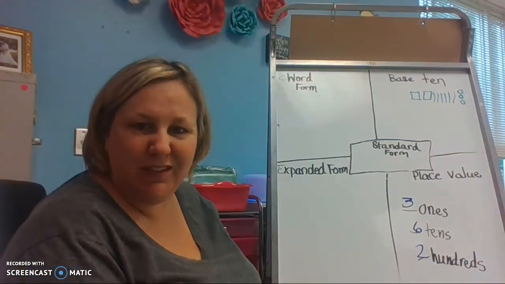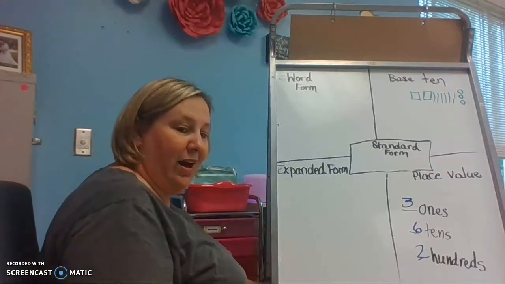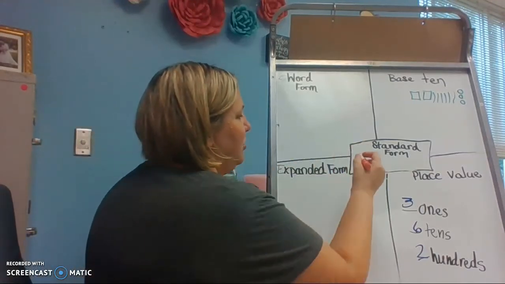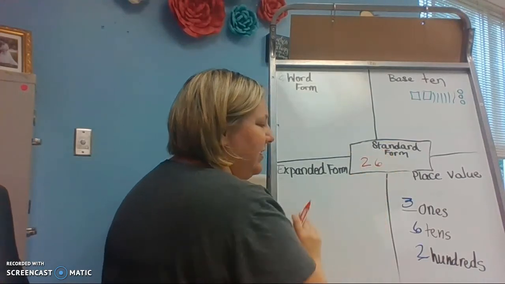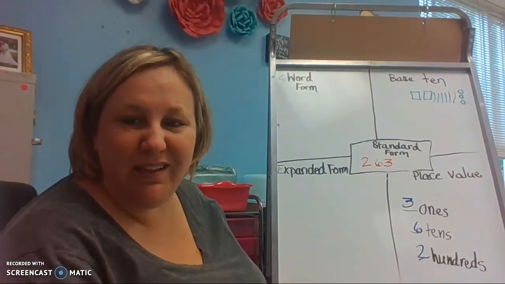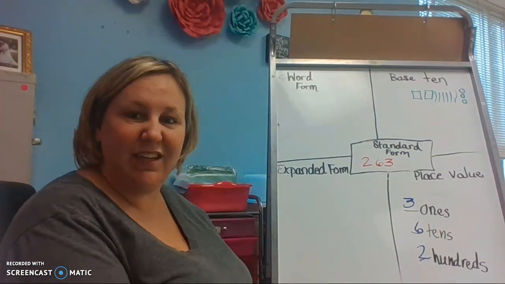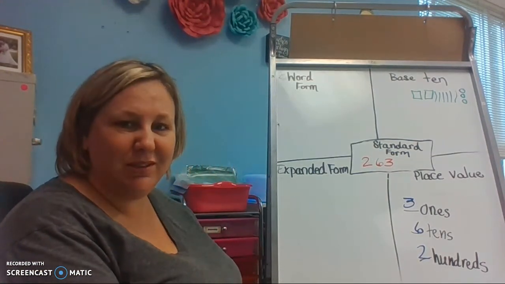What number did I just draw? Let's see. I have 200, 6 tens, and 3 ones. I just made the number 263. Good job, y'all are so smart.